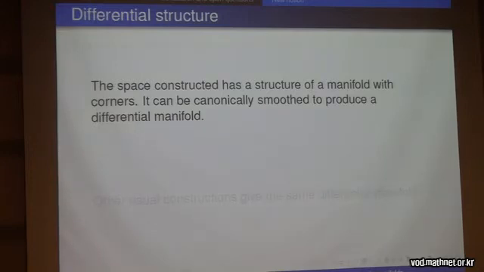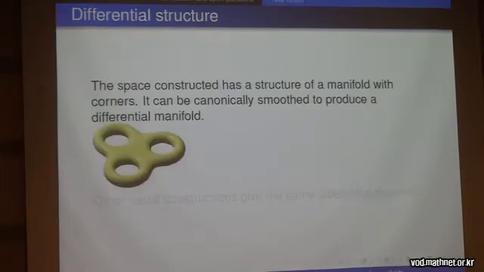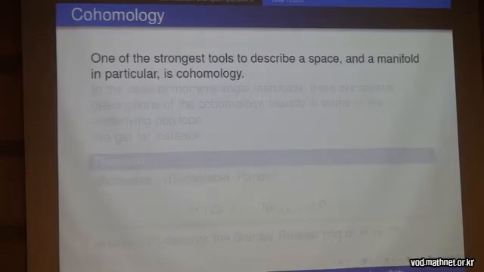To describe a manifold, just mentioning that this is smooth. It has a canonical smoothing. Here is a smooth manifold. And to describe a manifold, an important tool is cohomology. And for a moment-angle manifold, cohomology can be described by topics and polytopes.